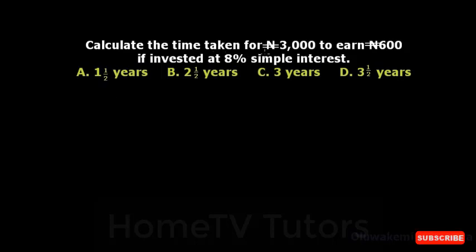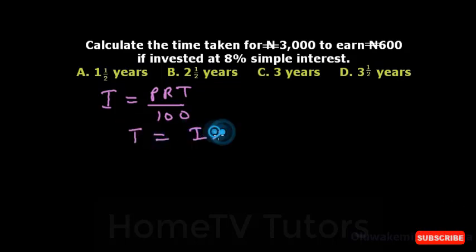Calculate the time taken for 3,000 naira to earn 600 naira if invested at 8% simple interest. With the simple interest formula of I equals PRT to be divided by 100, if we make T the subject of the formula, we now have T equals I times 100 to be divided by PR.